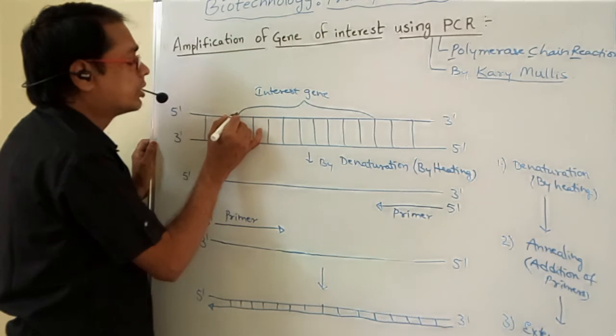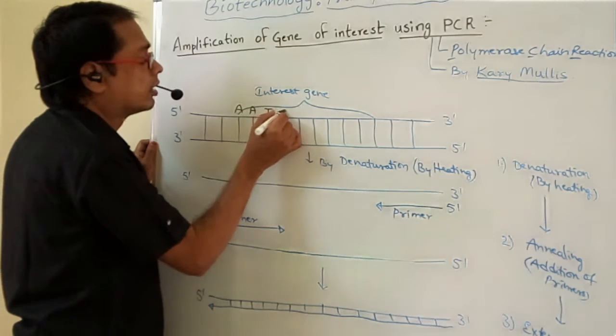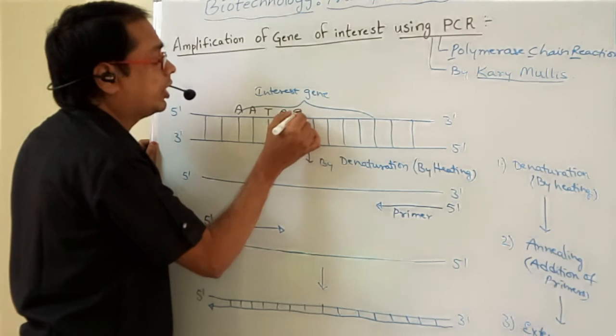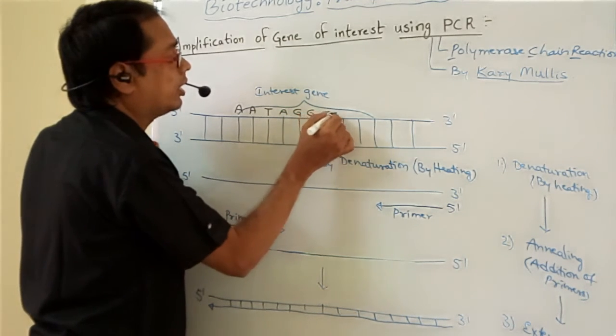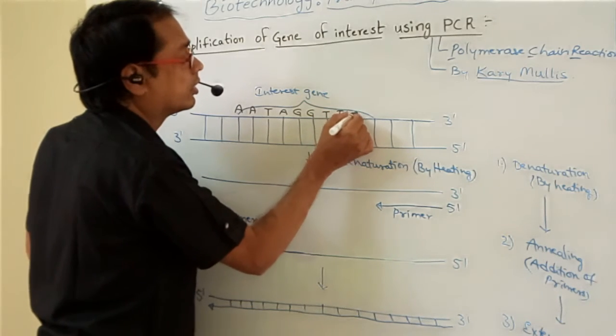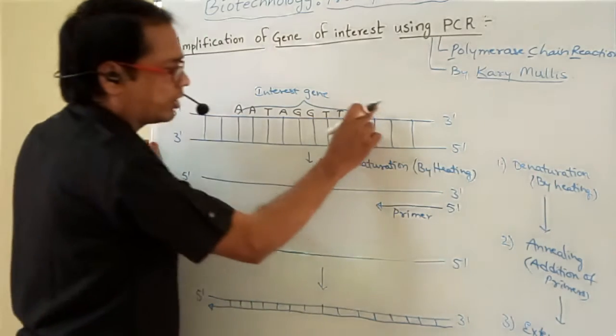Let us suppose this will be the sequence A, T, A, G, G, T, T, A, T. That is the sequence.